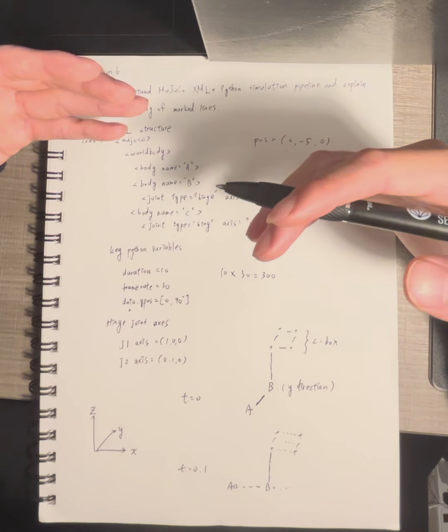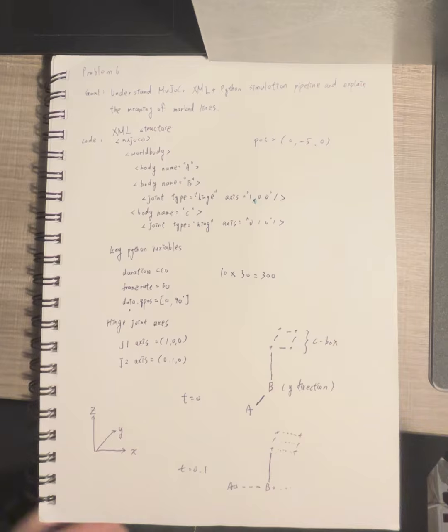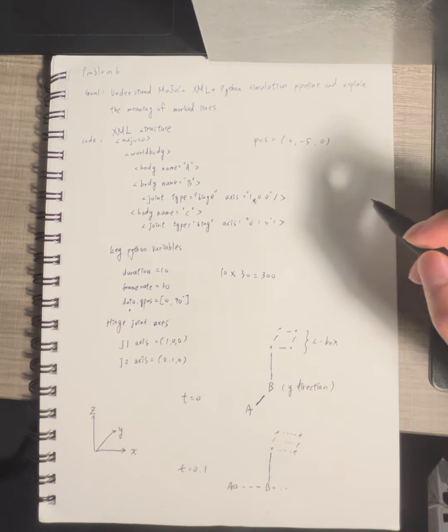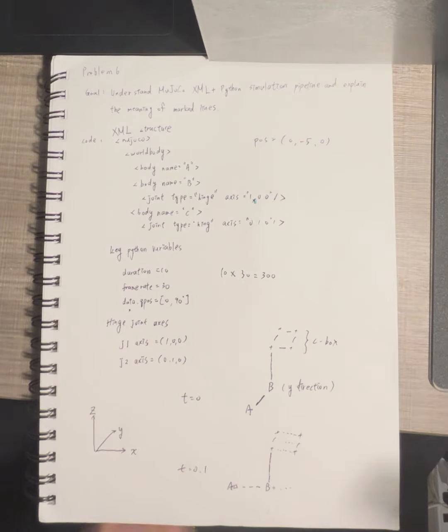Because joints are not actuated and gravity is disabled, the pose at t equals 0 and t equals 0.1 second is essentially identical. Okay, this is my problem 6, and I am Yuan Shou Liu, and thank you for watching.